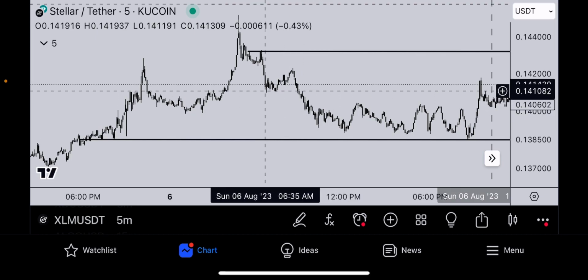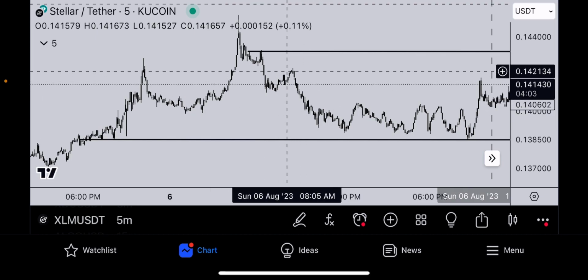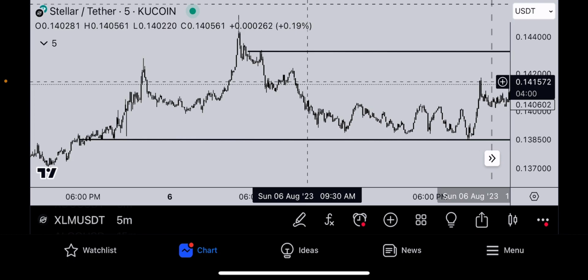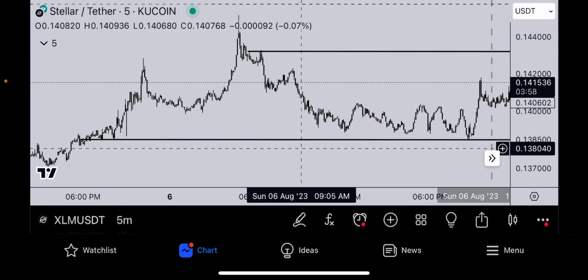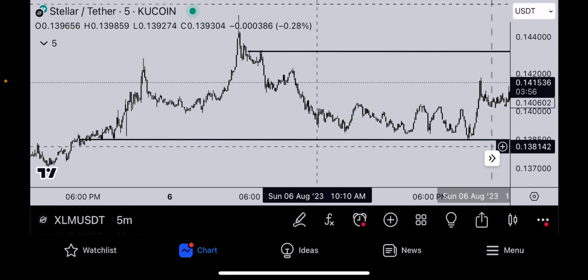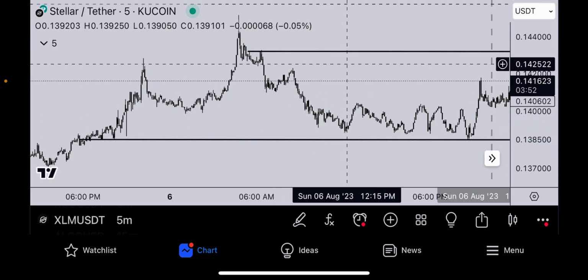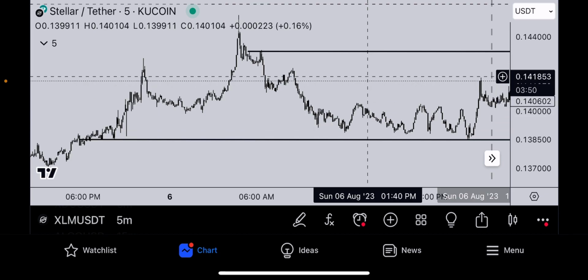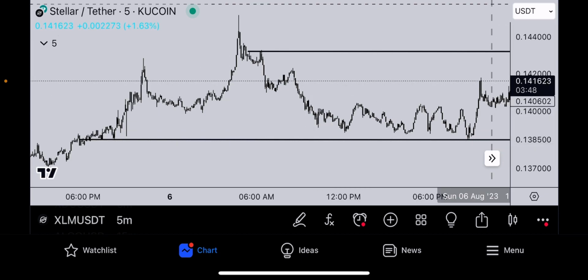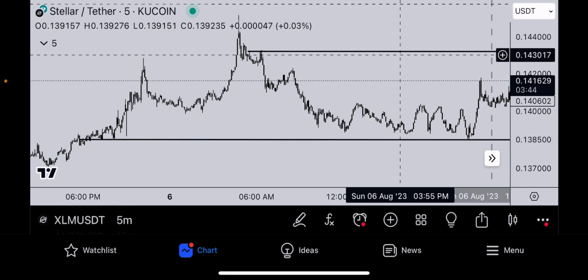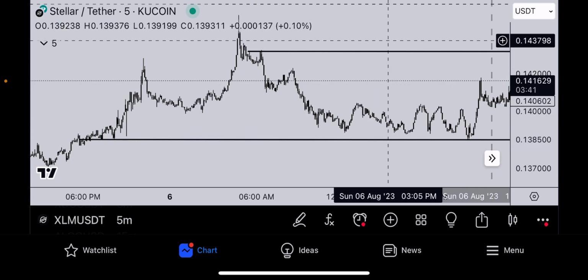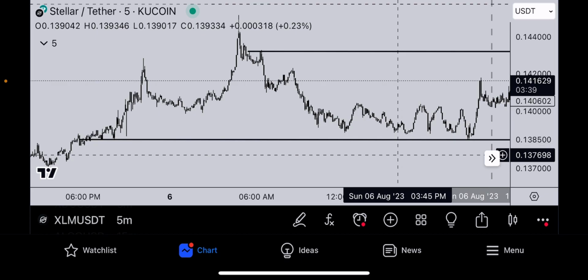The goal for this setup is for one to get taken out and to ride the wave down to the other side. Whichever one hits first, I'm gonna take the trade in the opposite direction, because I'm going from one pool of liquidity to another pool of liquidity.